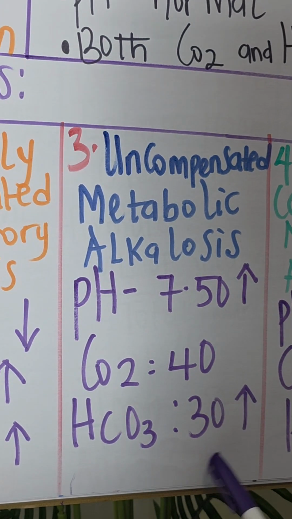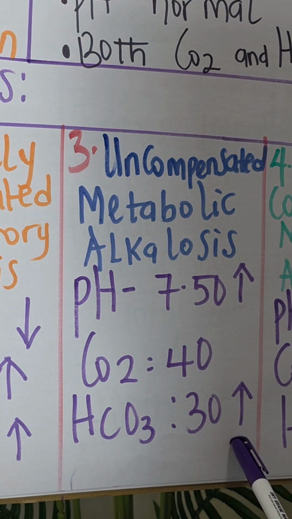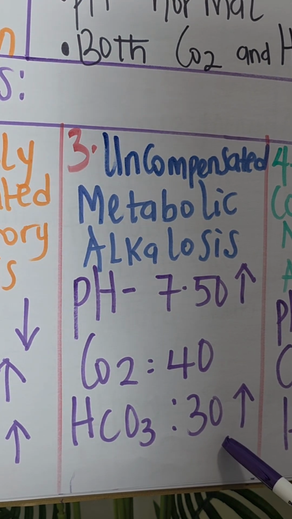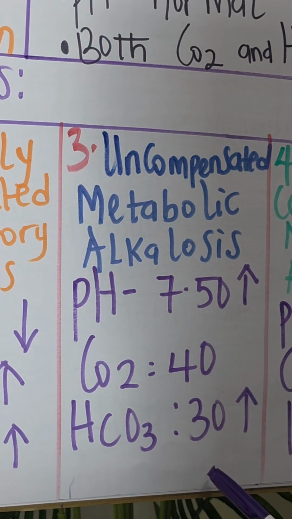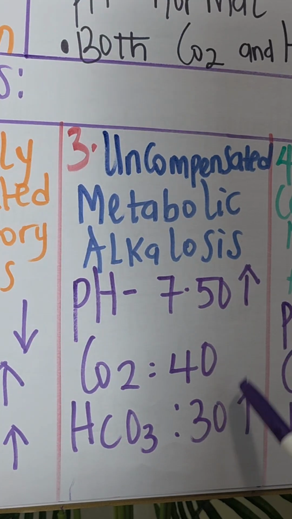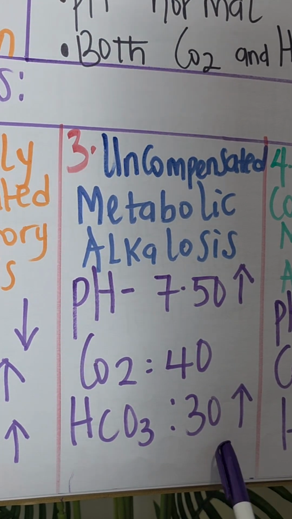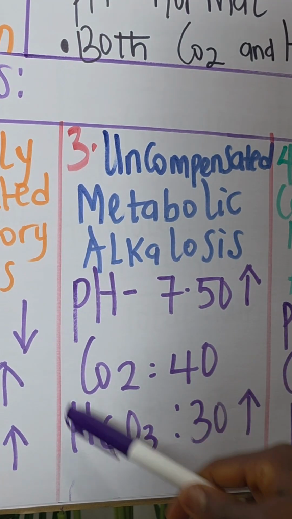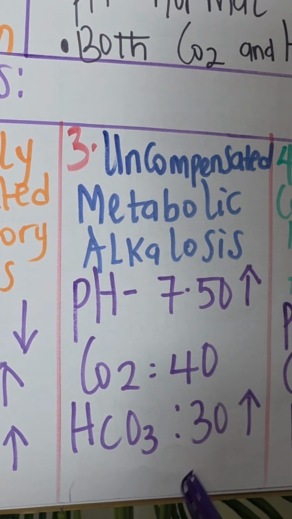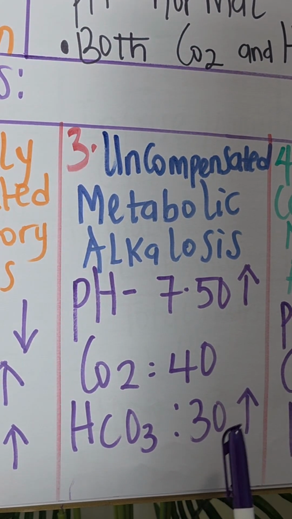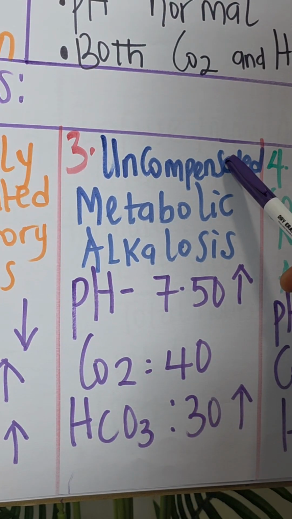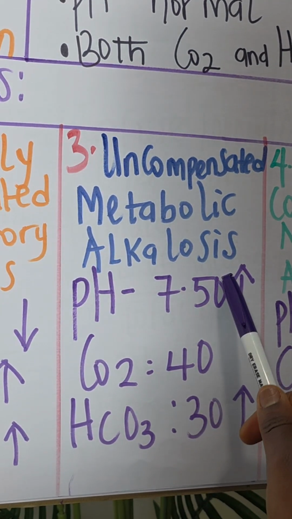The bicarbonate is 30, which is elevated. So the pH and the bicarbonate are moving in the same direction. This is metabolic alkalosis. Because the lungs have not changed the CO2 yet, there is no respiratory compensation. This is uncompensated metabolic alkalosis.